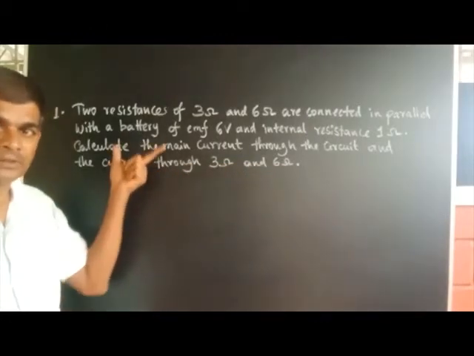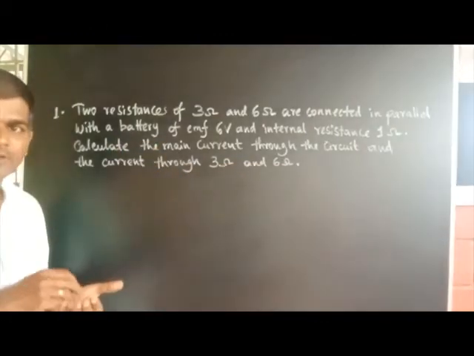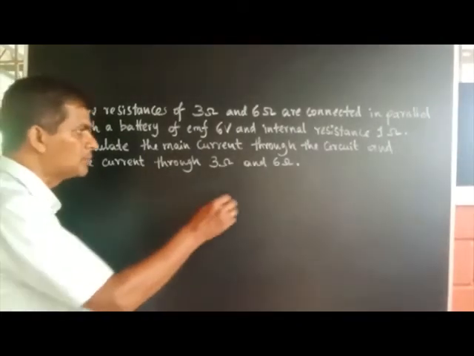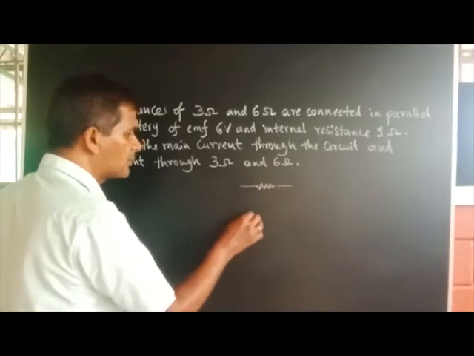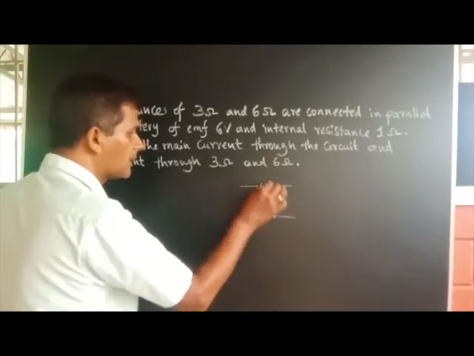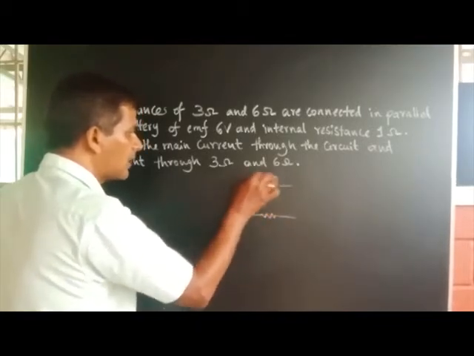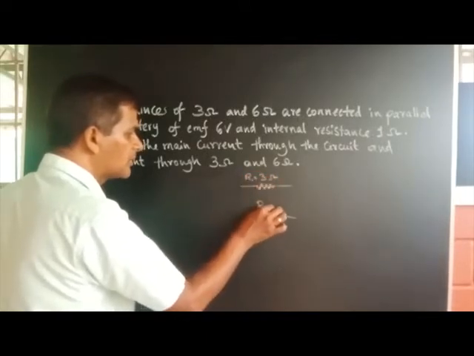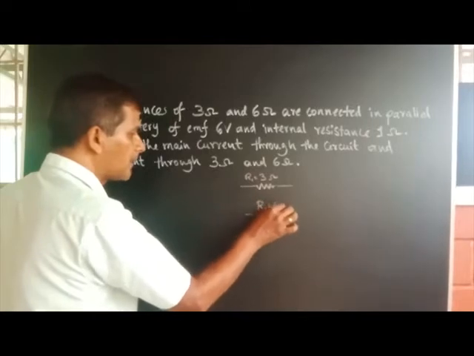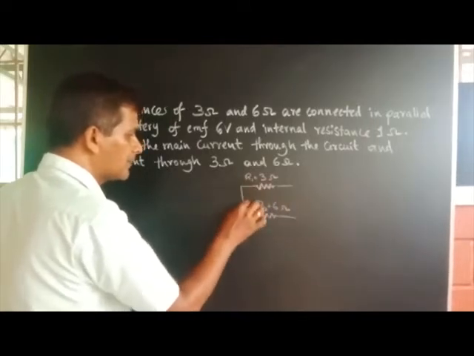First we have to draw the diagram. Let us take R1 as 3 ohm and R2 as 6 ohm, connected in parallel as given in the problem.